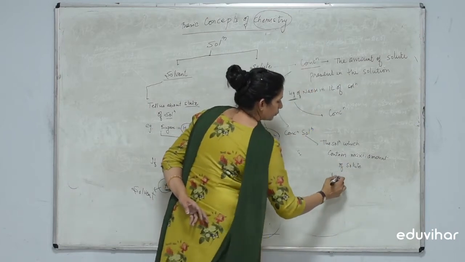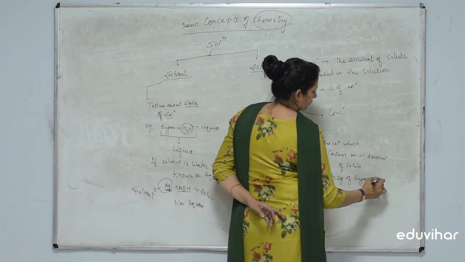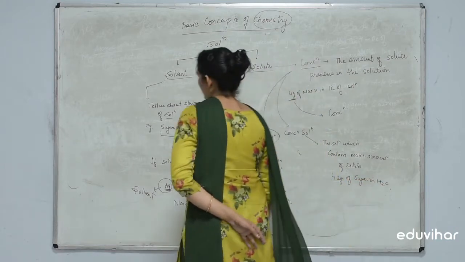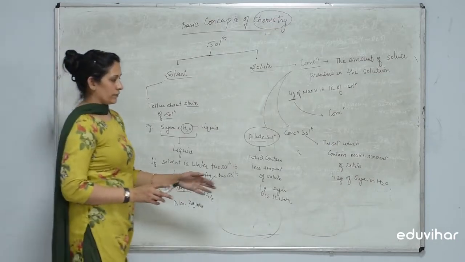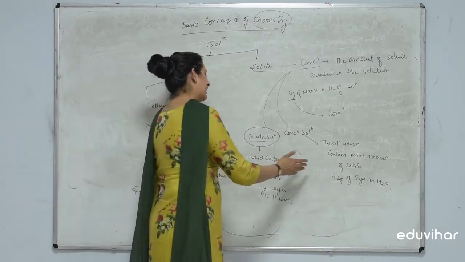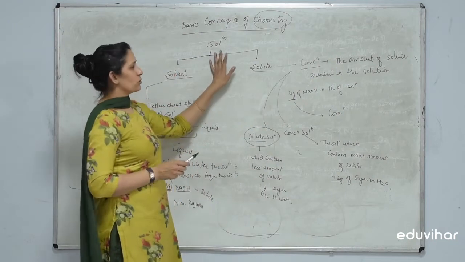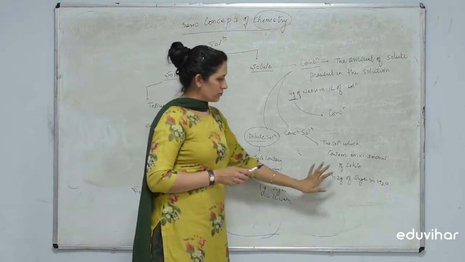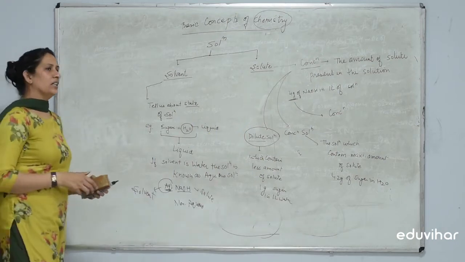For example, 42 gram of sugar in water. This is known as concentrated, this is known as dilute. But we do not use these two to calculate the concentration of any solution, because this is not a specific amount. So we calculate the concentration in different terms.